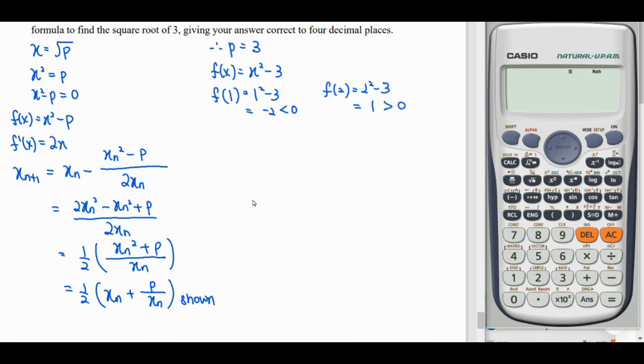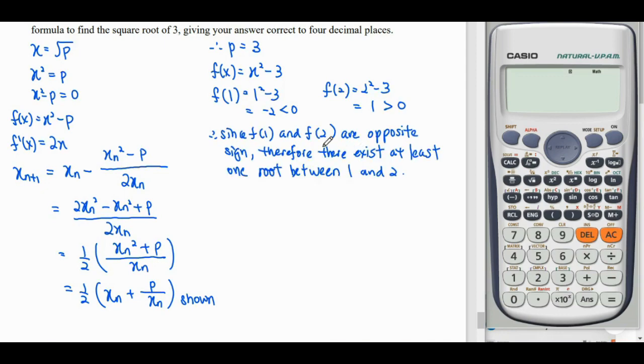So from the algebraic method, we know that there is at least one root between the interval 1 and 2. So we state our conclusion: the root falls in between 1 and 2, and we can start with the initial value 1.5.